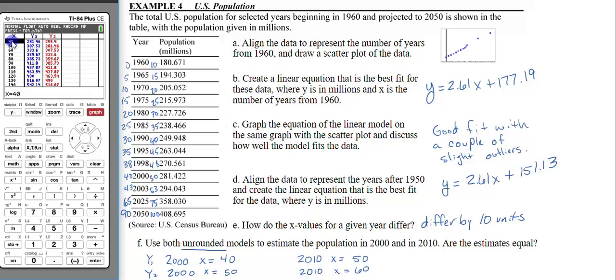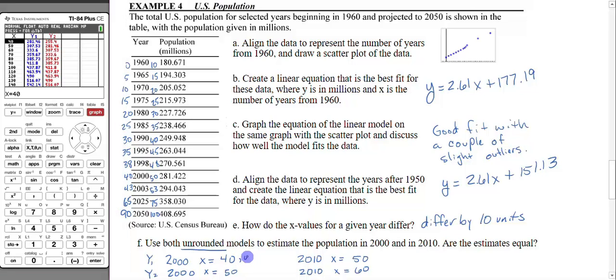So you can see in Y1 we've got a 281.46. Okay, so y equals 281.46. And in the Y1 model for 2010, when x is 50, we have 307.53. So y equals 307.53.